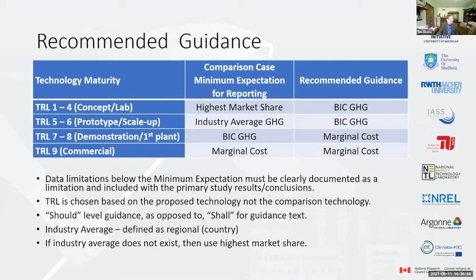All right. Next question was, have you considered recommending reporting both ways, marginal and average, for TRL 9? That's a great question. We discussed it within our team significantly, I shall say, and the conclusion was that the goal of having harmonized guidance is to harmonize that guidance to drive consistency for comparability within the field.